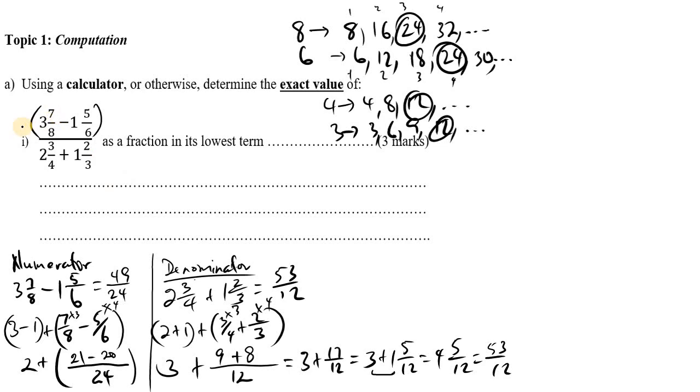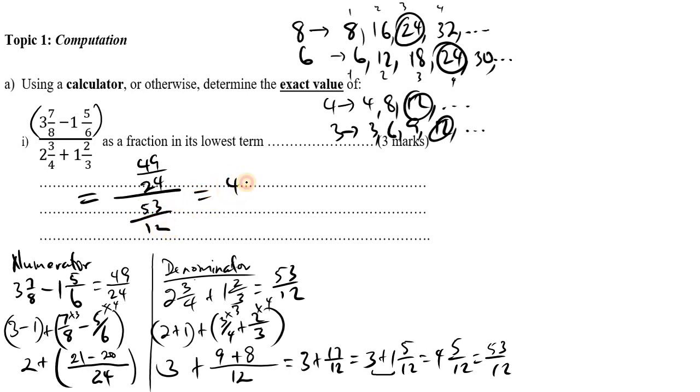Now, let's go back on top here. What we had on top is the numerator fraction divided by the denominator fraction. The numerator fraction is 49 over 24. Let's write that properly: 49 over 24, all divided by the denominator fraction, which is 53 over 12.